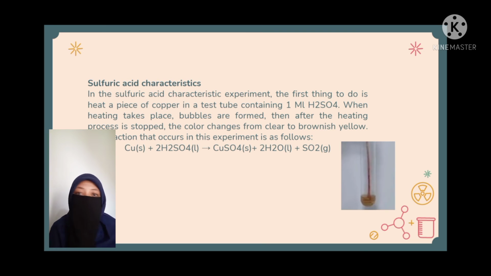Okay, next, sulfuric acid characteristics. In the sulfuric acid characteristic experiment, the first thing to do is add a pinch of copper in a test tube containing 1 ml H2SO4. When heating takes place, bubbles are formed. After the heating process is stopped, the color changes from clear to brownish yellow.